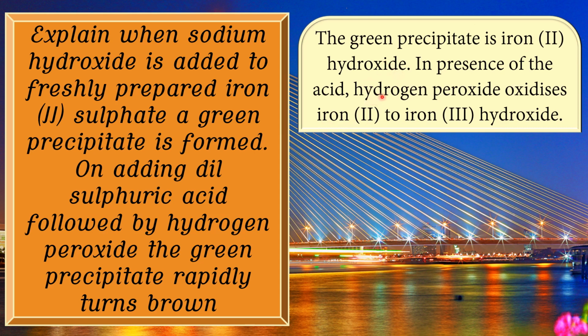So in the presence of hydrogen peroxide, iron 2, which is green, is oxidized to iron 3 hydroxide. Now the iron 3 is the one which is brown in color. So there has been an oxidation of iron 2 to iron 3.